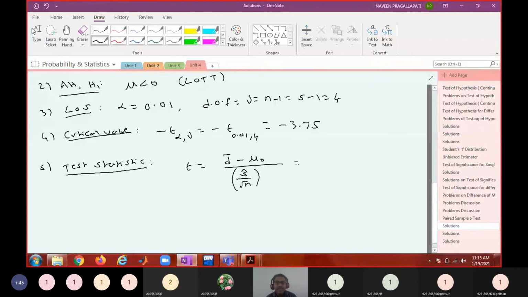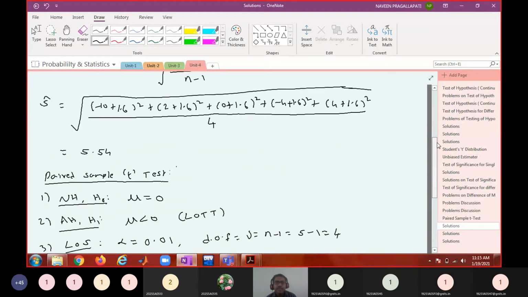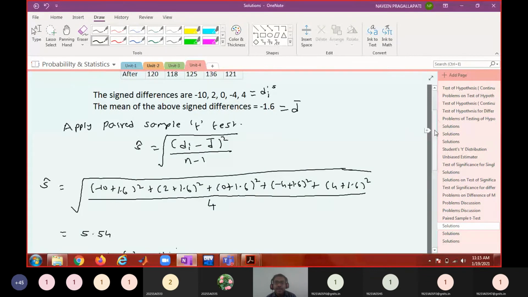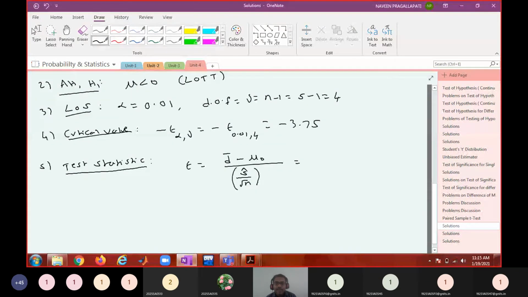So this is going to be d bar. How much did you get? Minus 1.6 minus 0 by s cap.